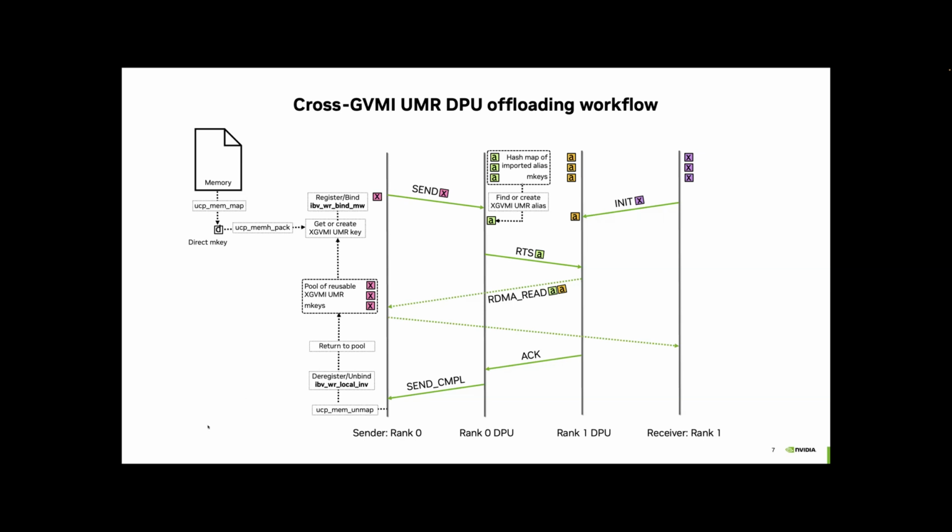We unbind the memory region from the cross-GVMI UMR key and just return this key back to the pool so that it can be reused for the next operations.